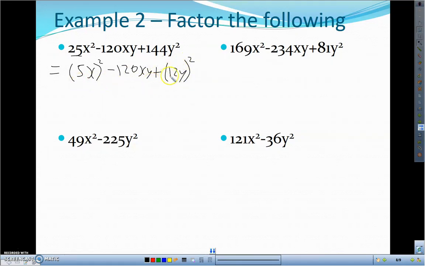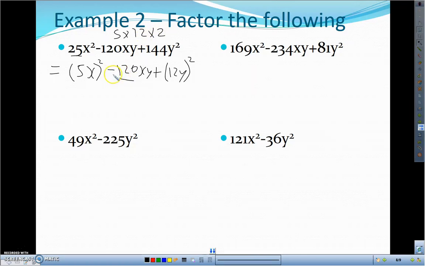And so if I want to verify that this is a perfect square and that I can in fact factor it, then all I would do is 5 times 12 times 2, because ultimately if you look at the expansion of this thing, it's 2 times a times b. 5 times 12 is 60, 60 times 2 is 120, which it does work.